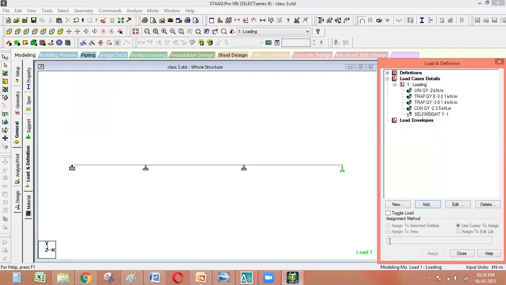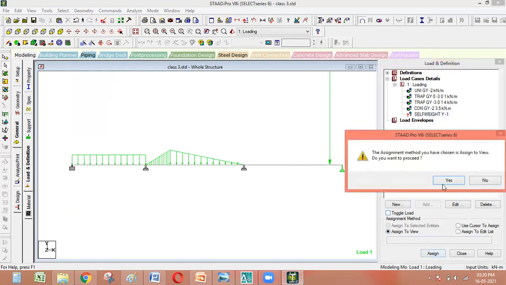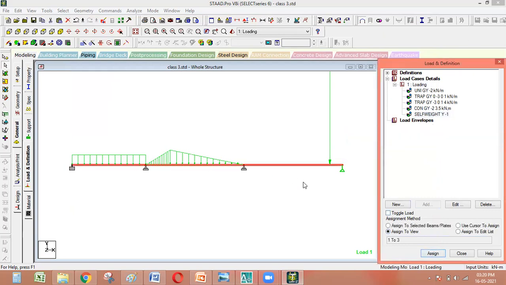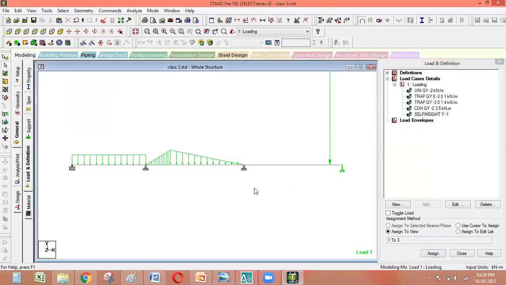Therefore, add, close, and assign this to the beams. Assign to view, so that the self-weight is assigned to all the members.